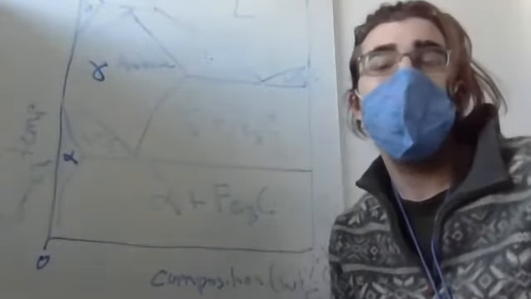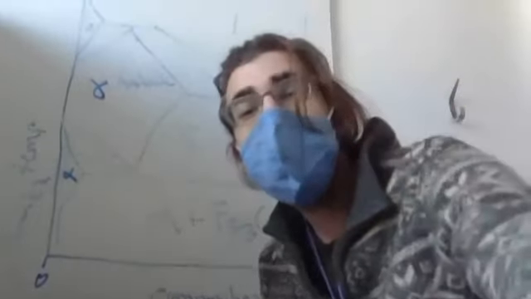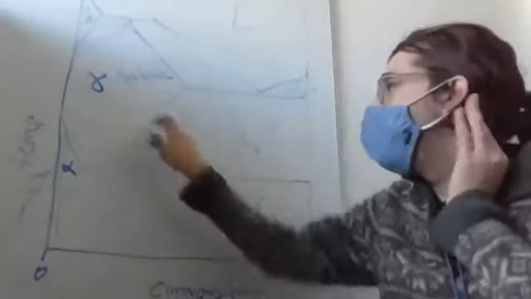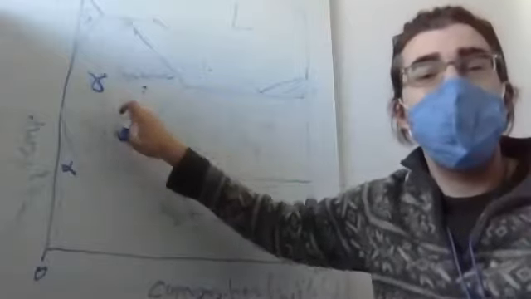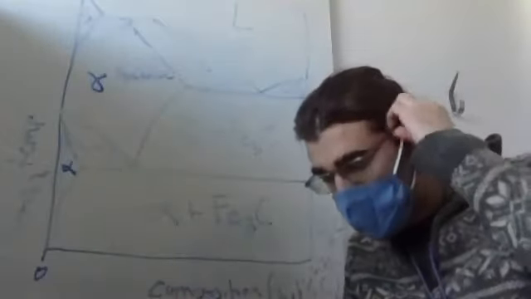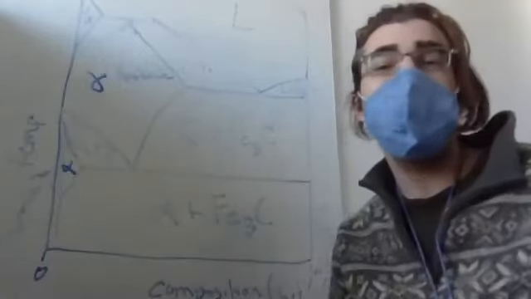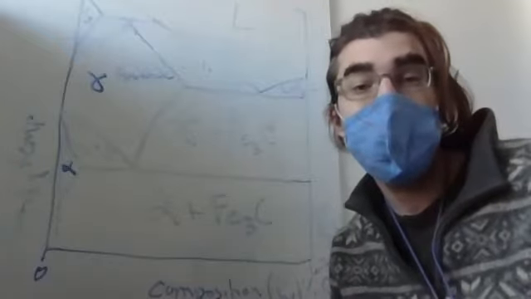And so the idea is all the tricks we can do to get these high temperature phases to exist at room temperature. Because if we can do that, then we open ourselves up to different crystal structures and different mechanical properties that we can use.